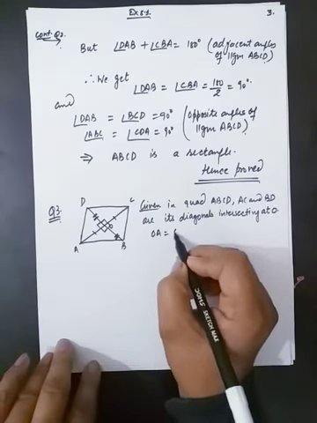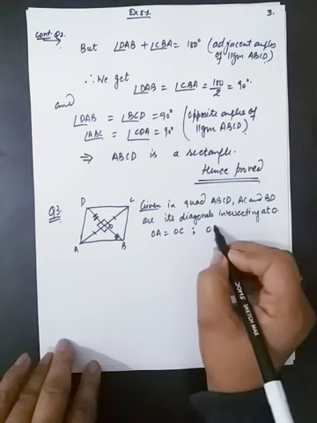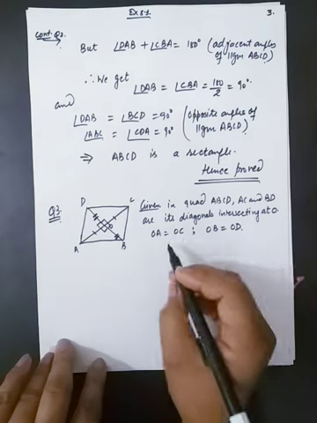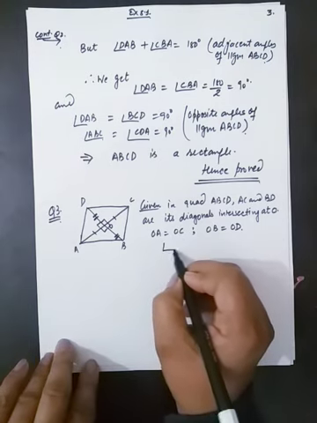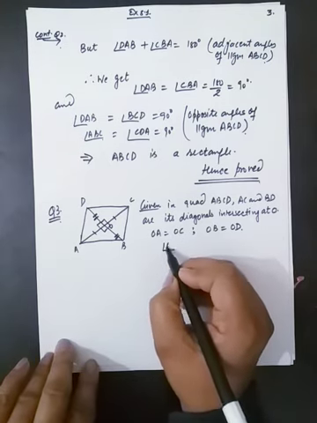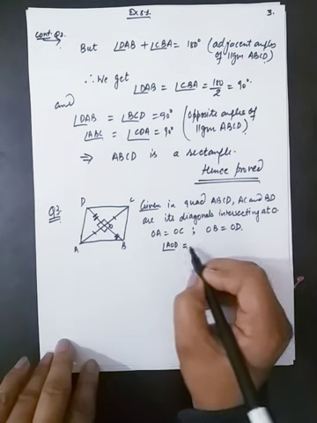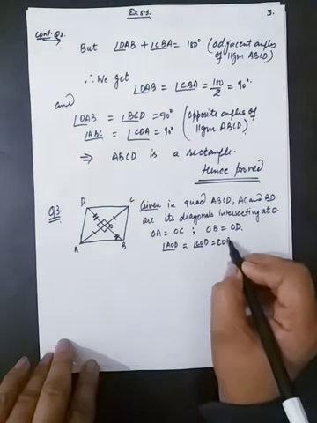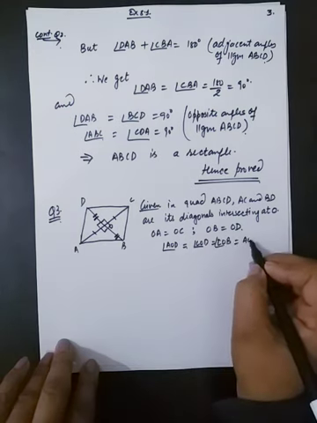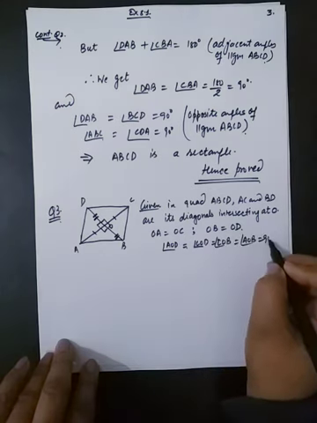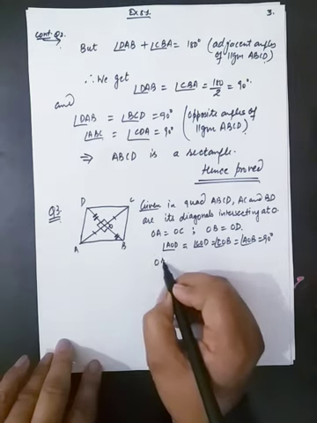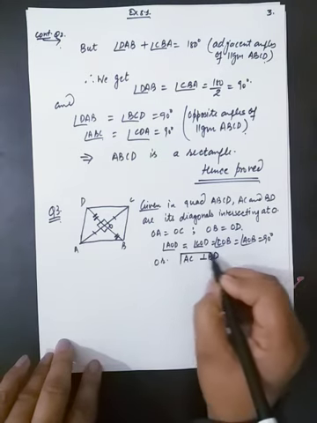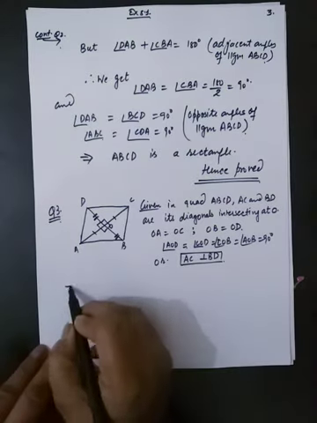OA is equal to OC and OB is equal to OD because diagonals bisect each other. And one more thing, angle AOD is equal to COD is equal to COB is equal to AOB is equal to 90 degree. Or you can say that AC is perpendicular to BD. You can also write this one.